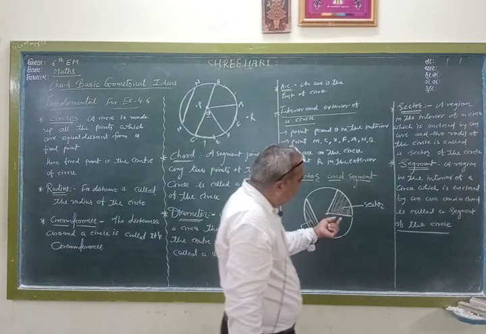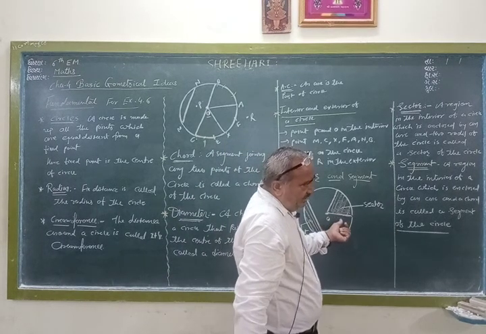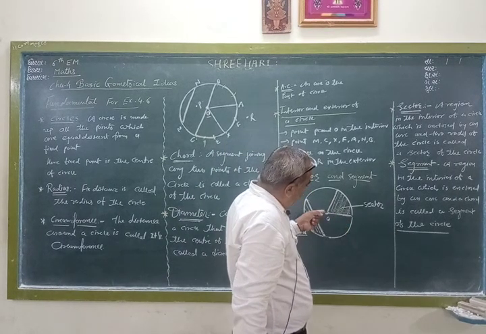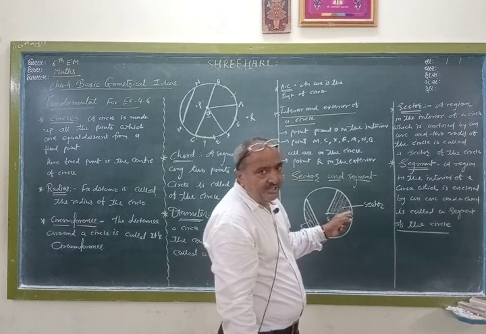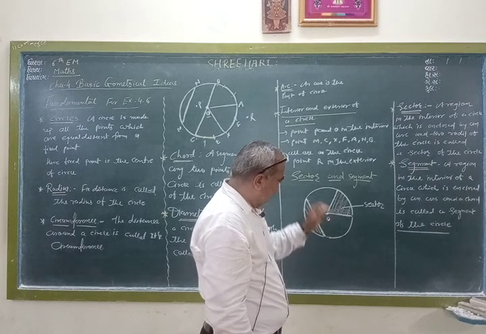And the total area enclosed by two radii and an arc is known as a sector.